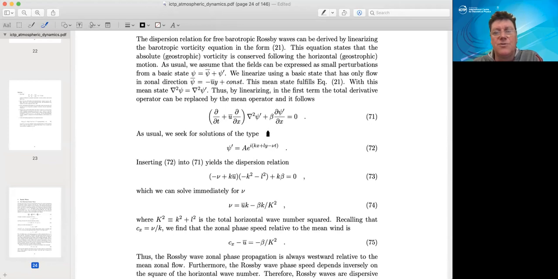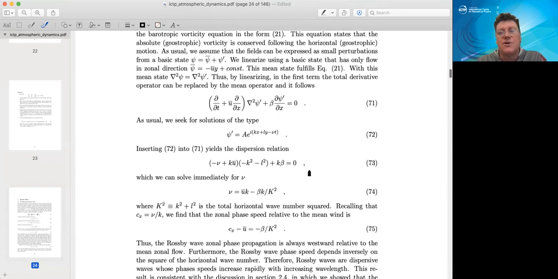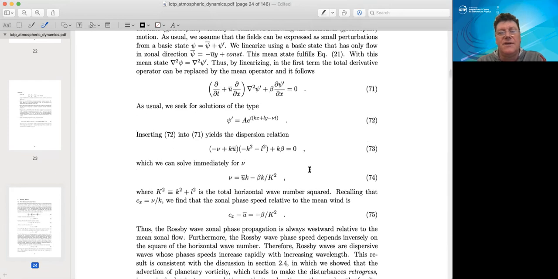and if this solution is real. If the solution is real, then there's no growth and no decay of this wave, and under which condition this solution can exist. So again, very simple. We have to calculate the advection operator, which gives us minus i nu, the wave itself, and so on.